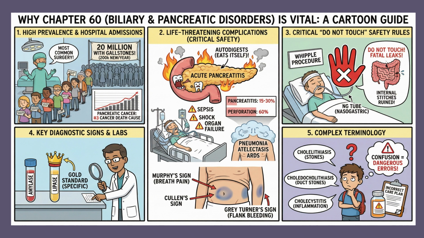Respiratory risk, because the pancreas and gallbladder are high in the abdomen, inflammation often causes patients to take shallow breaths, leading to pneumonia, atelectasis, and even acute respiratory distress syndrome.